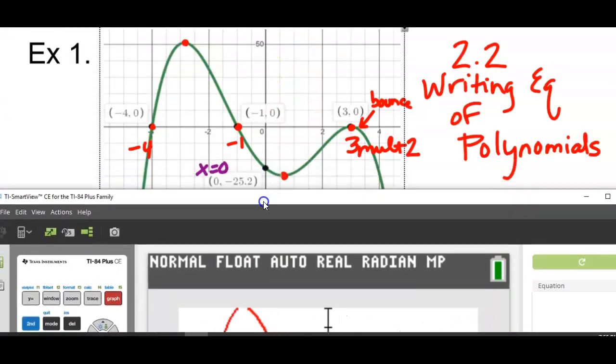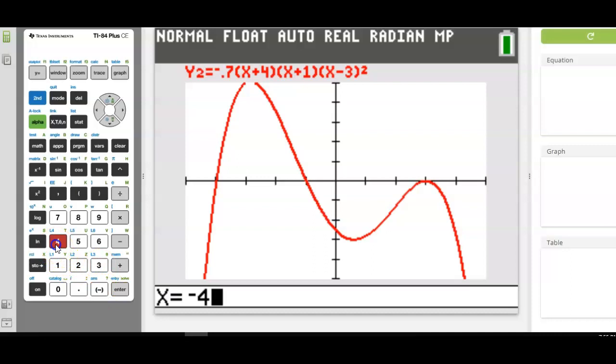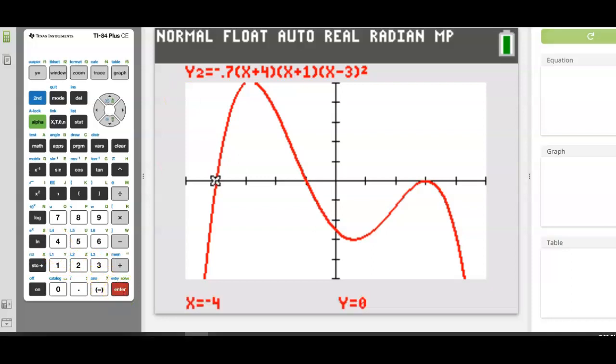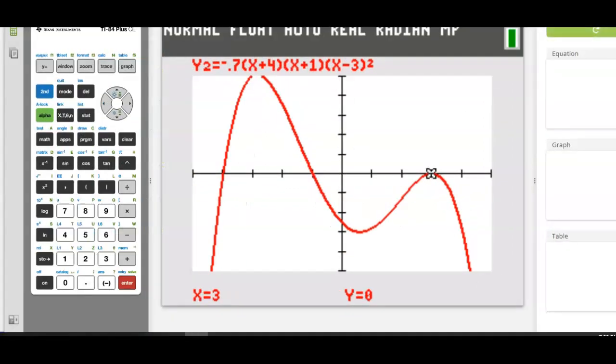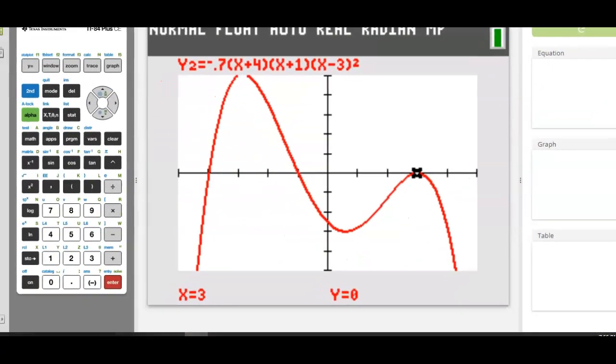Did it go off the top here? Oh, might have gone above 50. So the point, first of all, we could trace that it went through negative 4. Then negative 1, positive 3, and it's doing a bounce there. But then the ordered pair we were given that we're supposed to match up with, okay, this video is a hot mess, was 0, negative 22.5.